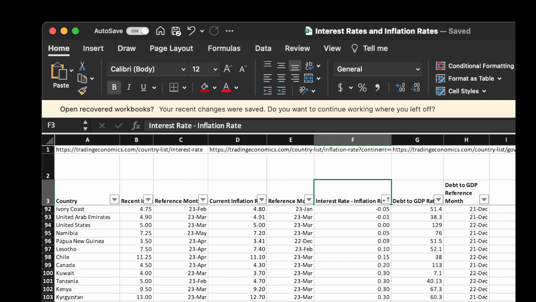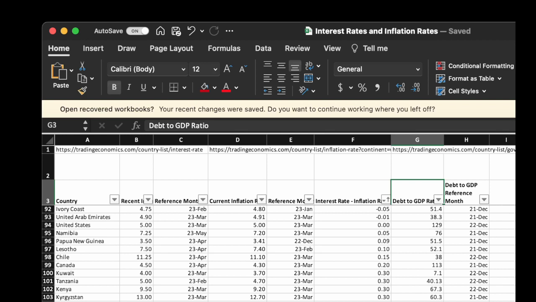Column G is the debt to GDP ratio, so how much the national debt is divided by the GDP for the country. And again, debt is total debt, so all the deficits and surpluses in the nation's history that are currently outstanding.